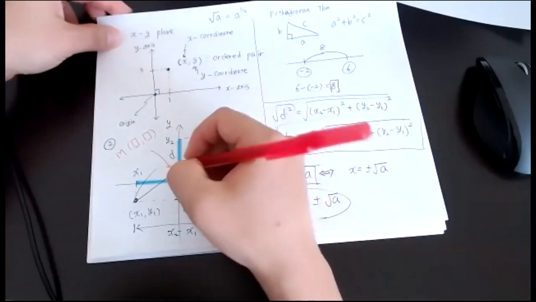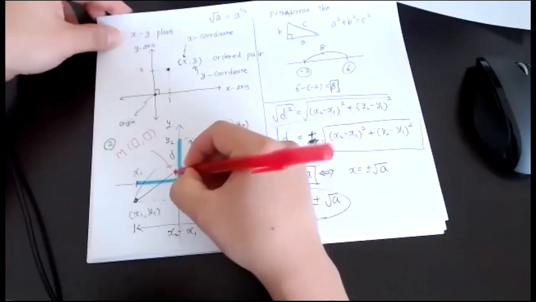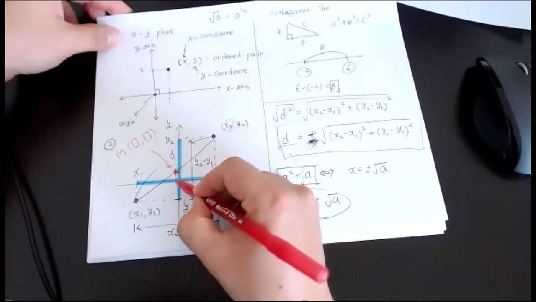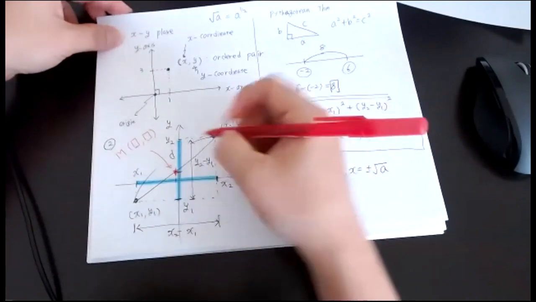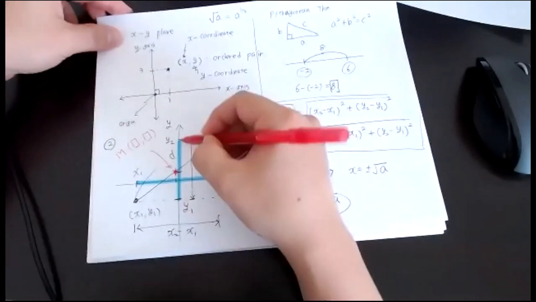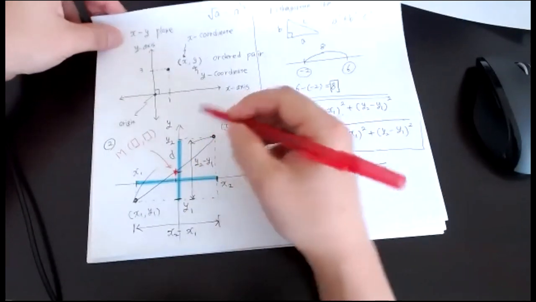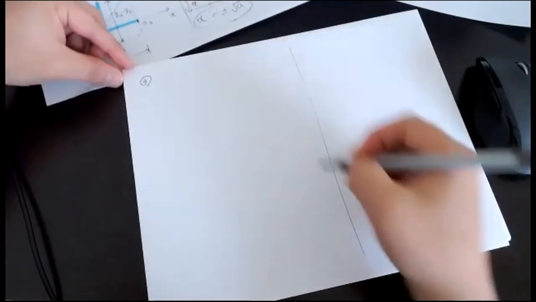The x coordinate of that midpoint is the midpoint between x1 and x2, and the y coordinate of the midpoint is the midpoint between y1 and y2.